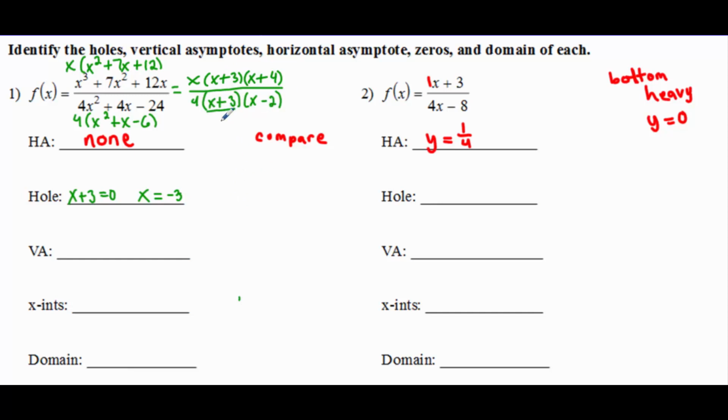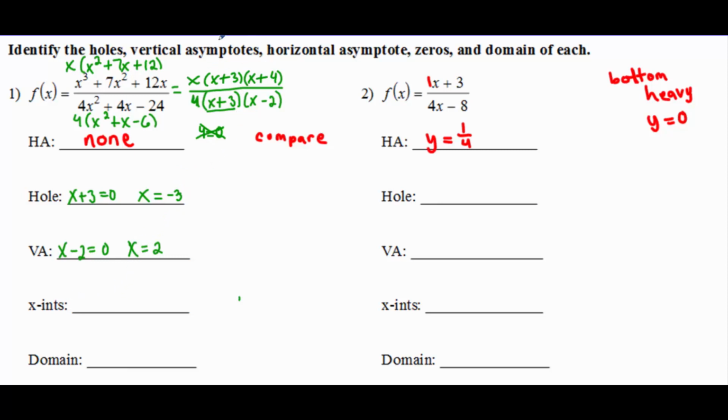What's left on bottom that is going to affect this is the x minus 2. So we set it equal to 0 and solve and get x equals 2. The 4 that's in front doesn't give us an answer, because if you say what's 4 equals 0, there's no x to solve for. So if all you do is take out a number, that doesn't give us a vertical asymptote or a hole or an x-intercept or anything like that.